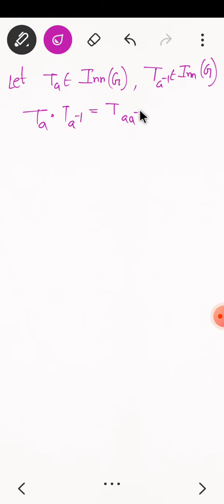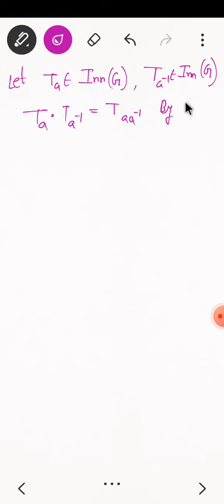So next we show that if T_a is an element of Inn(G), then T_a inverse is also an element of Inn(G), and T_a composition T_a inverse equals T of a inverse.